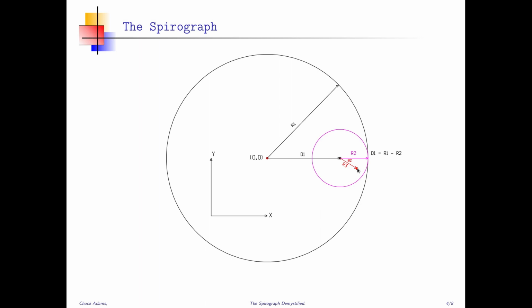It's located at some distance R3 from the center of this disc. This distance from the center of the big circle to the center of the little movable disc is D1, and it's easily calculated to be the total radius of the big circle minus the radius of the little rotating disc.